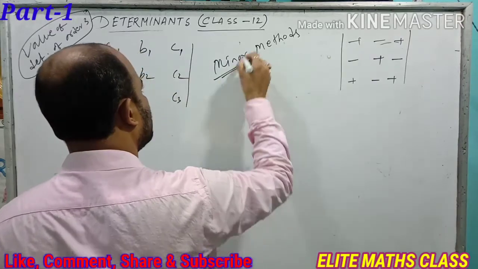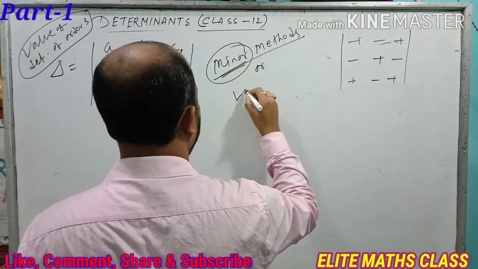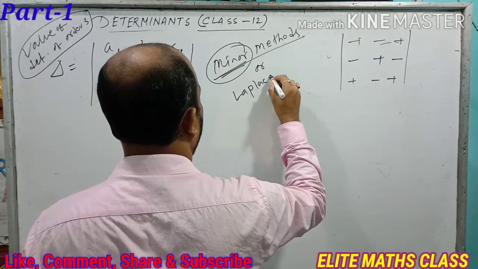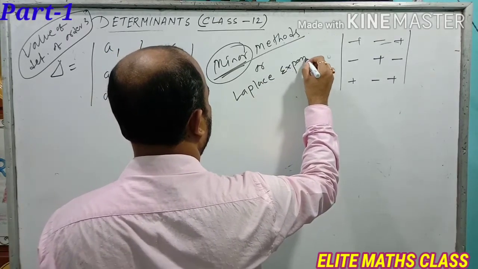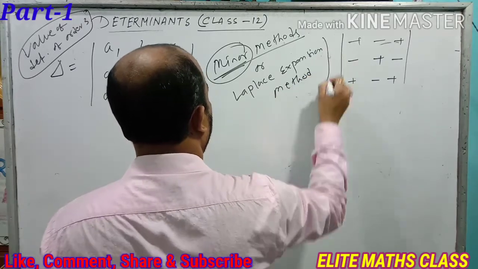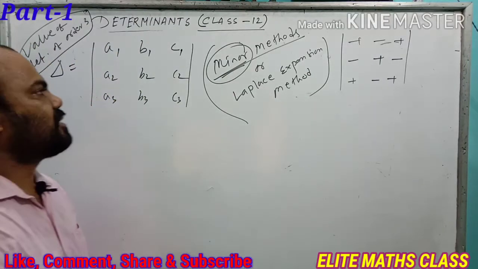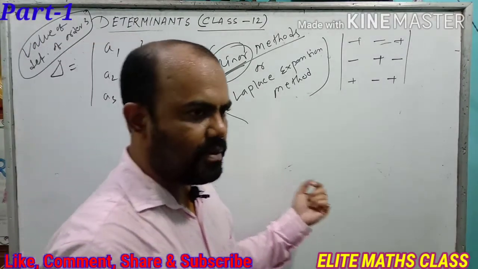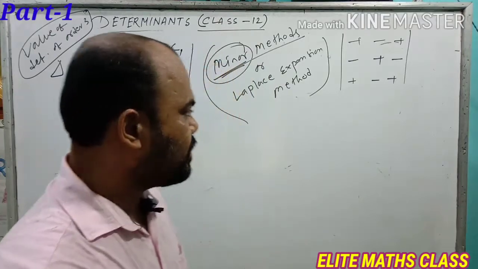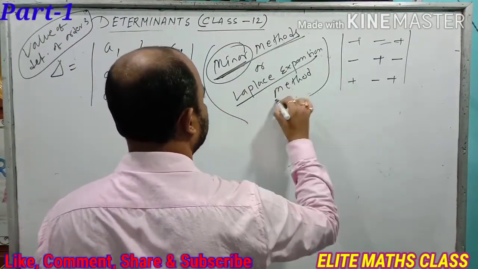In my next video I will discuss what a minor is. It is called the minor method or Laplace expansion method. Another method is there, I am coming to it. So the first method by which we find the value of a 3 by 3 determinant, or a determinant of order 3, is called the minor method or Laplace expansion method.